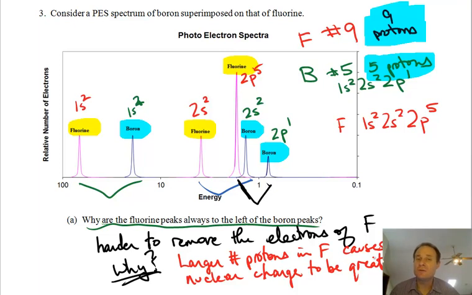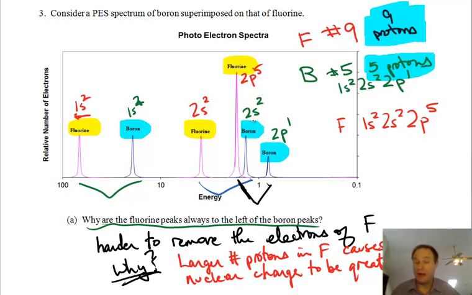So those electrons always seem to be a little bit harder to remove. So you see the 1s electrons are pulled even closer to the nucleus. Same idea applies here when we compare the 2s's. Boron just doesn't have as many positive protons, or as many magnets, if you want to think of it that way, to hold it in closely. So again, it goes back to Coulomb's law.